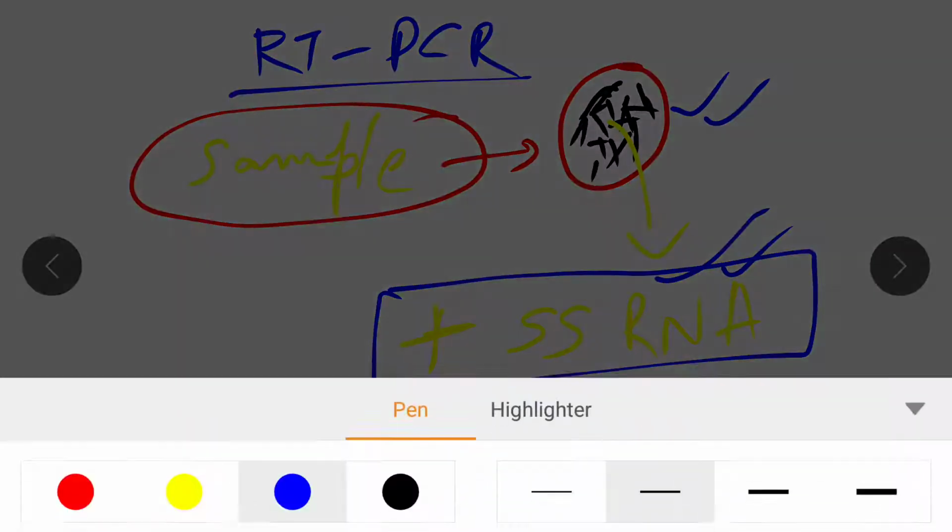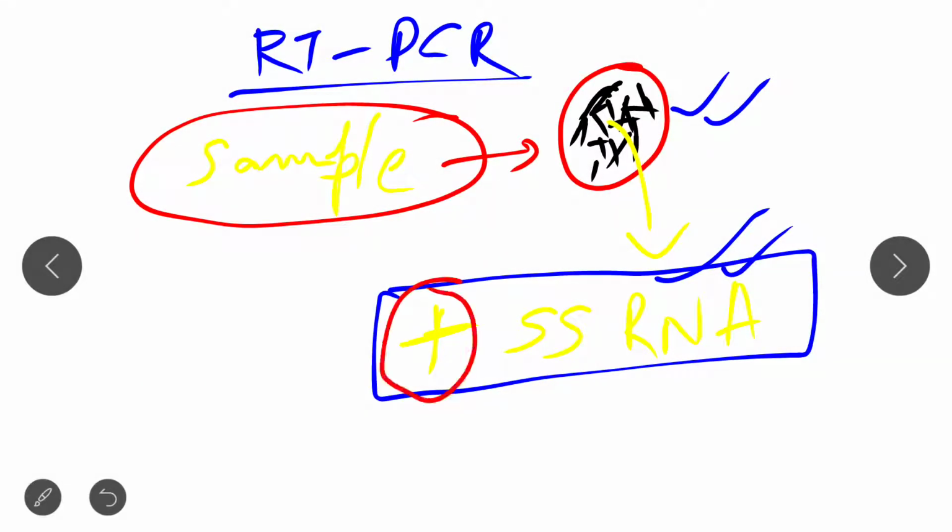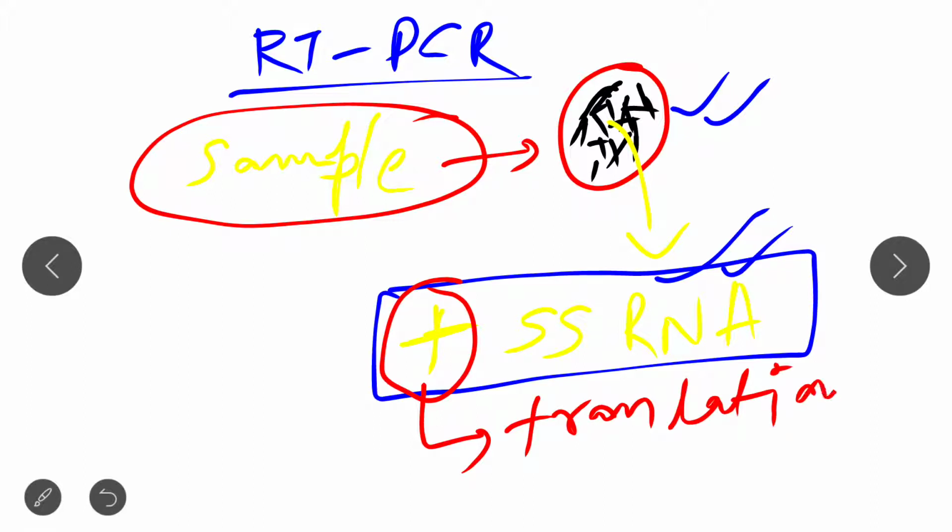RNA. Here, what do you mean by positive? Positive means this particular RNA virus can do the translation on its own, that is, it can make its own copies of protein.